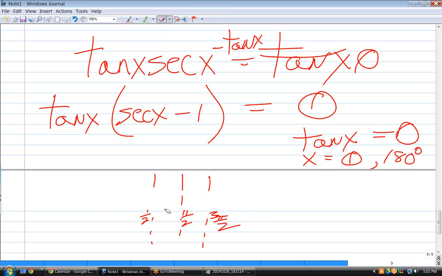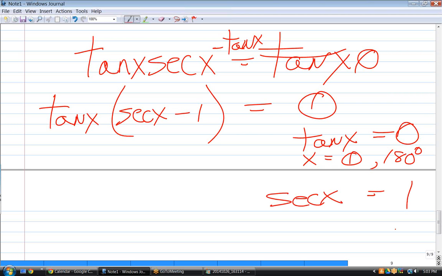Okay. Whereas secant x minus 1 equal to 0? Or where is secant x equal to 1? What's the reciprocal of secant? 1 over cosine, or cosine.